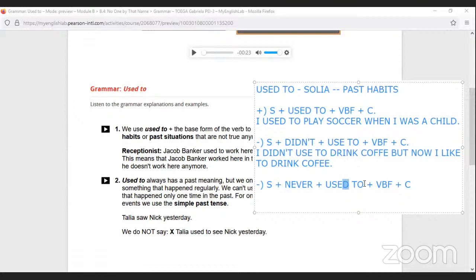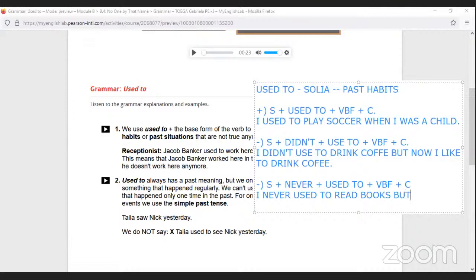We use this stronger form when we never did something, but this time we do it in an extreme way, for example. For example, I never used to read books.